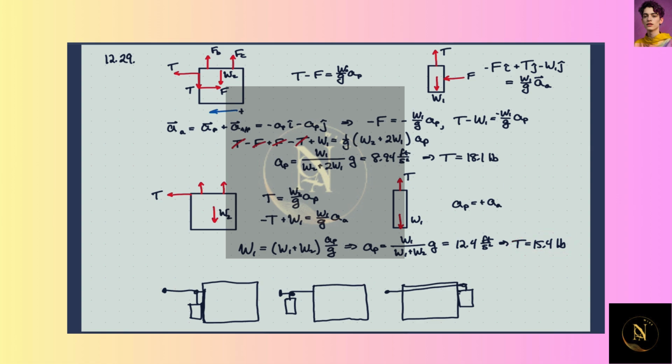And so one thing we can look at is that this is less than this. And does that make sense? It does, because now we're basically not pushing this block. The inertial load of this block is less in this case because it's just moving down here. Here it's moving down and to the left.